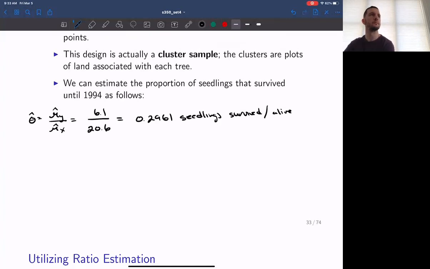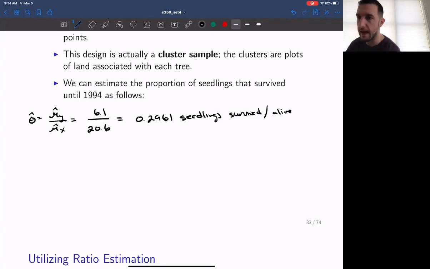All right, from this estimate, we can find the average number of seedlings that survived, the total number of seedlings that survived, or the estimate of the proportion of seedlings that survived, and we can bound all of those. We already have the first value, the proportion of seedlings that survived across the 2 years.